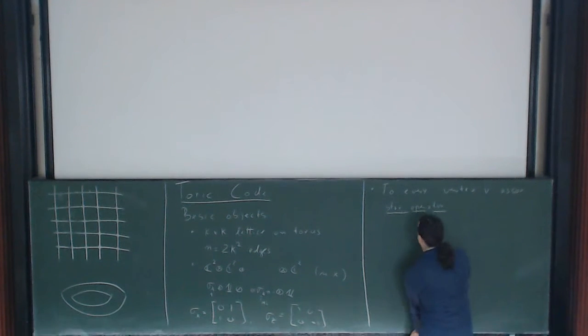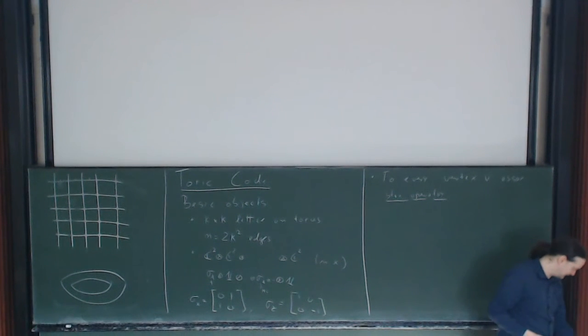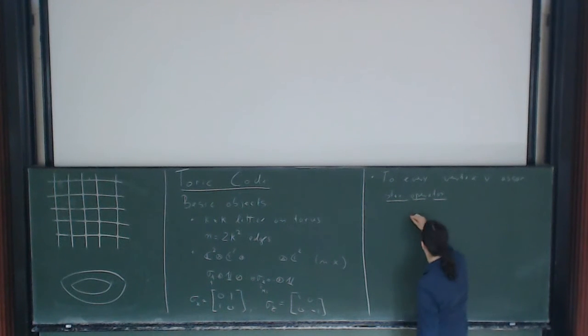And the star operator is, and now I should color code this, right? X_v, for the vertex, and that is the product.